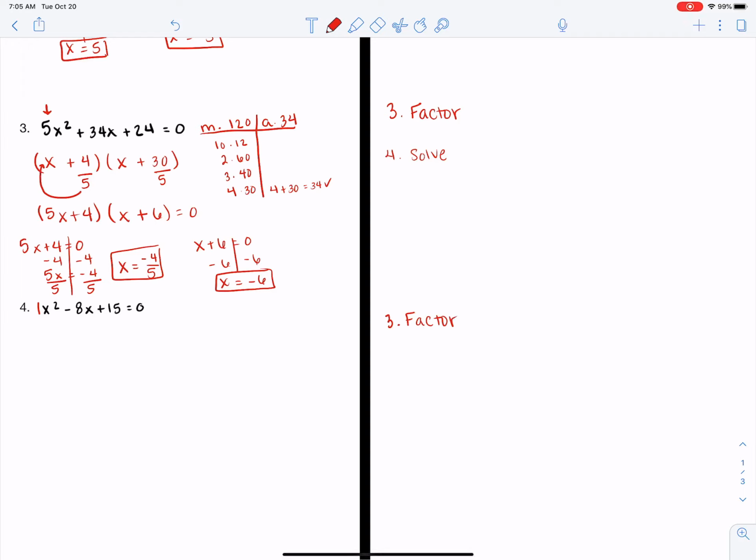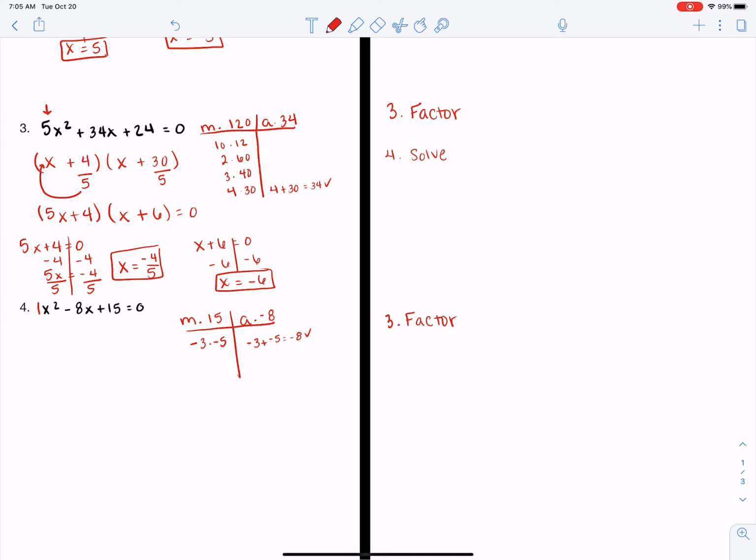All right, so I'm going to find two numbers that multiply to a times c, 1 times 15 is 15, and add to b, negative 8. Okay, I know that negative 3 times negative 5 is positive 15 because a negative times a negative is positive. I also know that negative 3 plus negative 5 is negative 8.